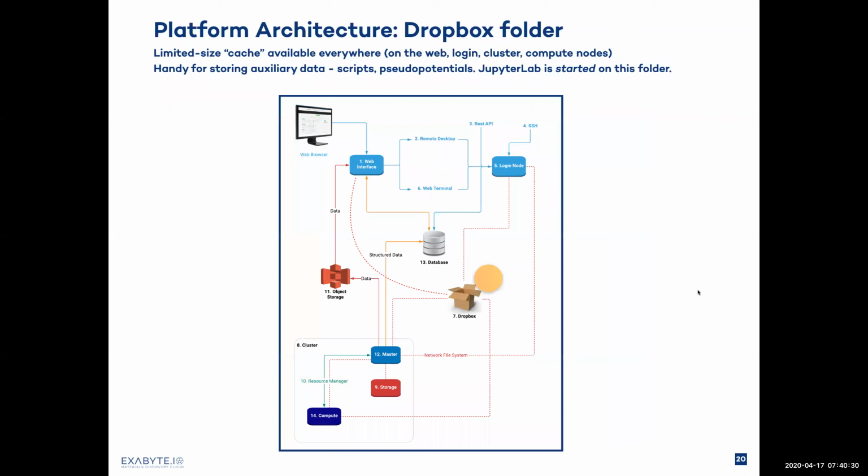Now, there is also a Dropbox folder that is accessible on multiple parts of the infrastructure: on the computational master node, on the login node, and on the web interface as well. We mean it as a hot cache folder, a folder where people can put some small data that needs to be accessible throughout the infrastructure, both on the web interface and on the master node and on the login node.